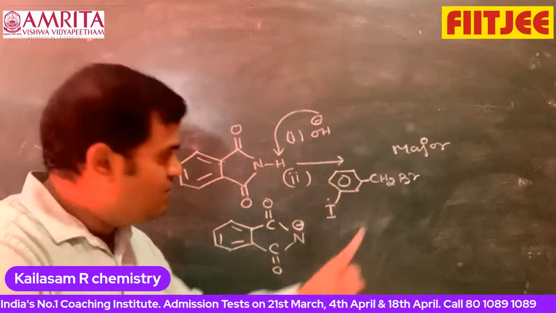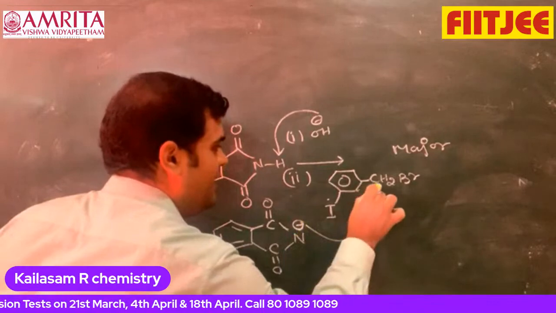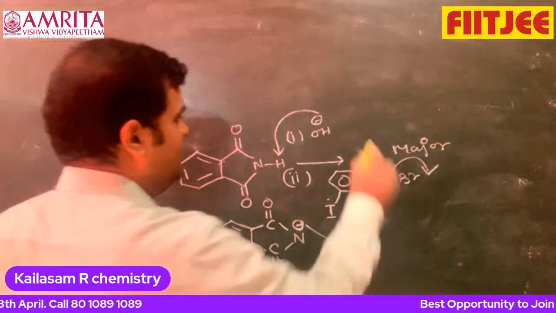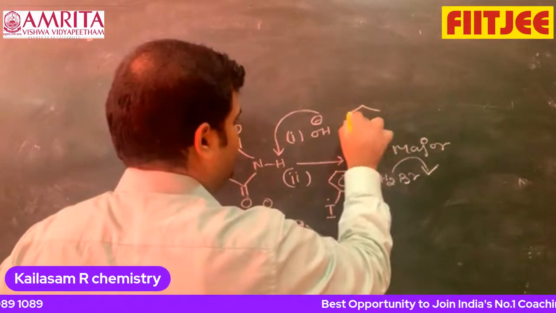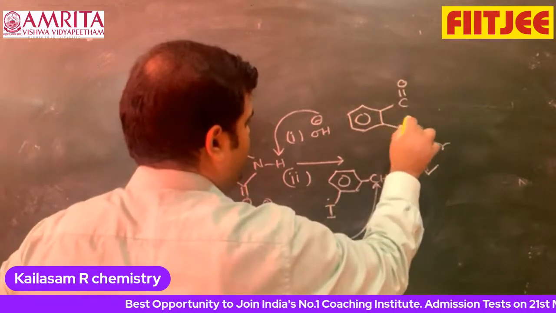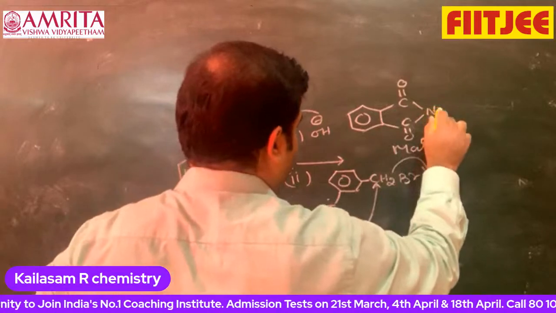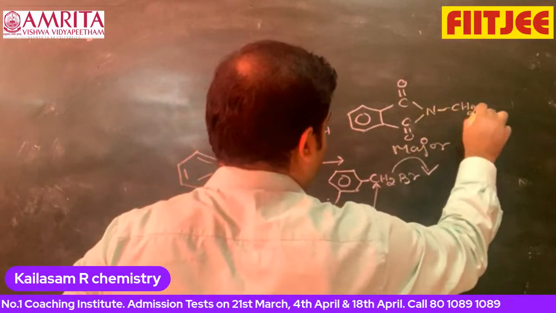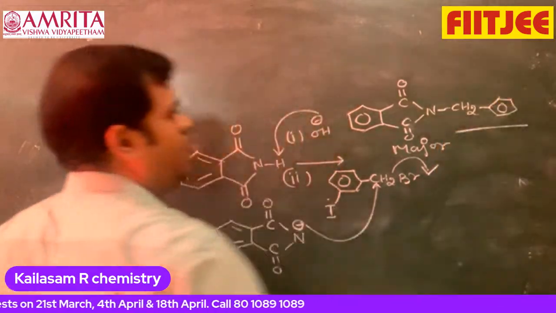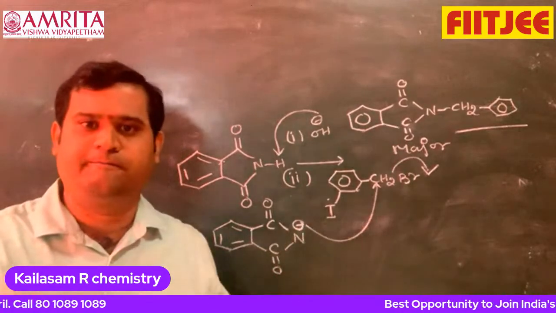Nothing is there. Obviously this is alkyl carbon, sp3 carbon, therefore it attacks, bond breaks. So what is the answer? We are getting N as that's all. This is the logic.